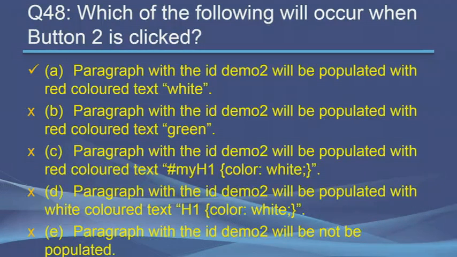So the other answers are incorrect. Since you have this code, the important thing to notice is question 48 will not have multiple answers. If you use your analytical skills you will realize they will have only one single answer, because a button click can only do a certain single task and that is listed here.